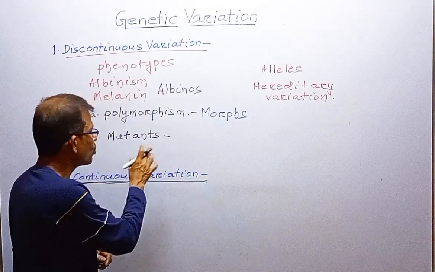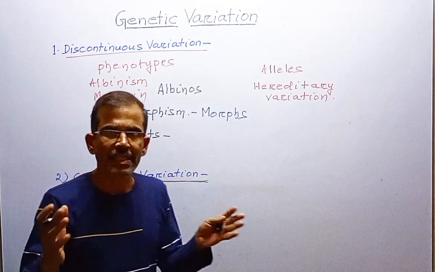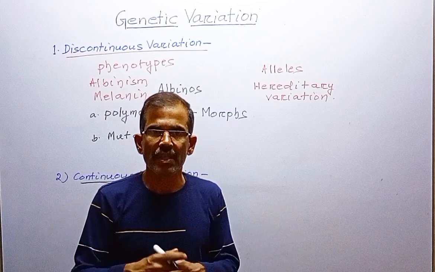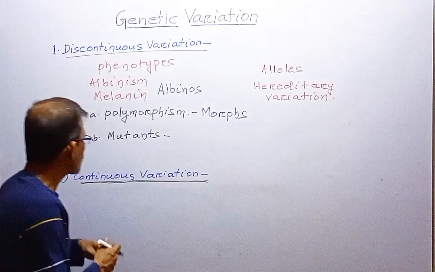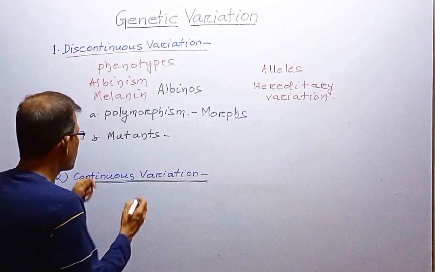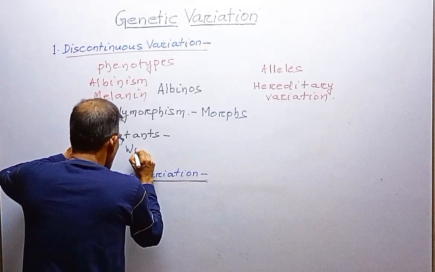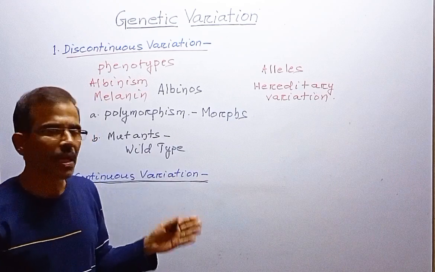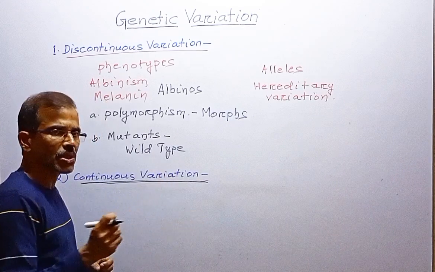Next, what is mutants? Rare exceptional discontinuous variants are called mutants, whereas the more common normal phenotype is called wild type. Second type of variation is continuous variation.